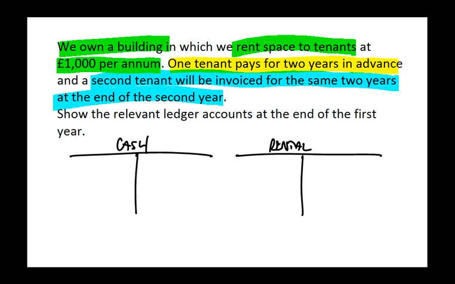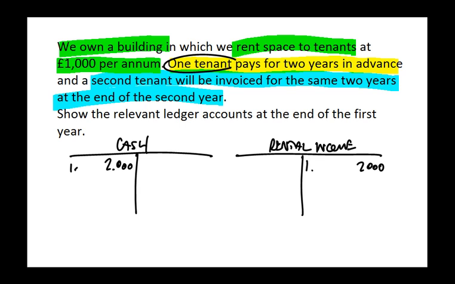Remember, this is income for us. We're a landlord, so this would be rental income for us. Now, for the first tenant, well, they've paid 2 years in advance. So for tenant 1, we would debit the cash account. That's a receipt of an asset from this customer. And we would credit rental income.